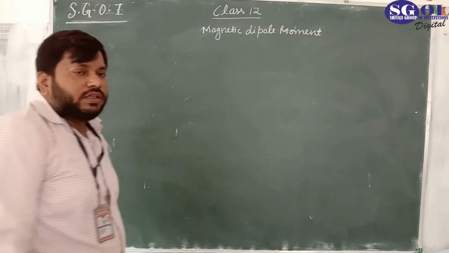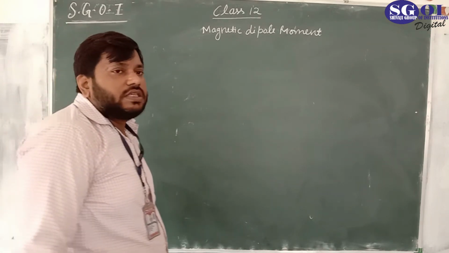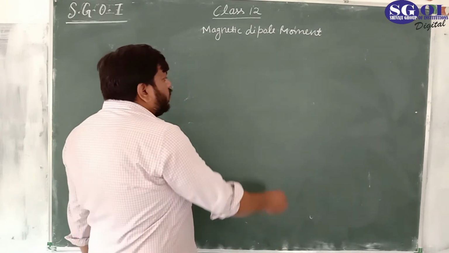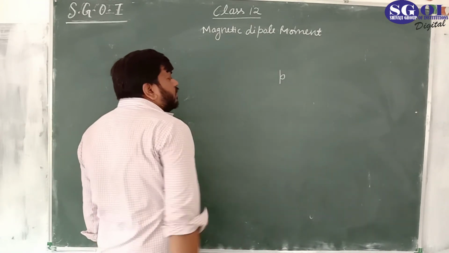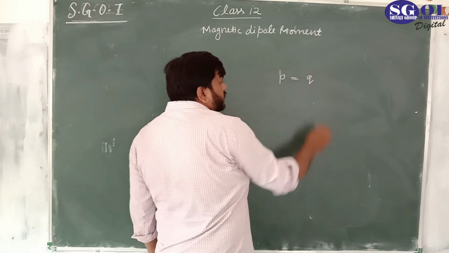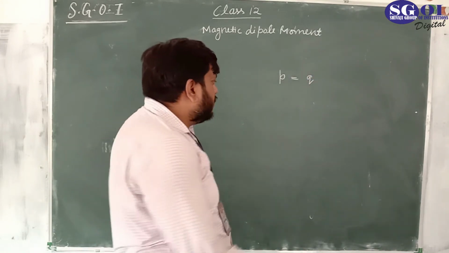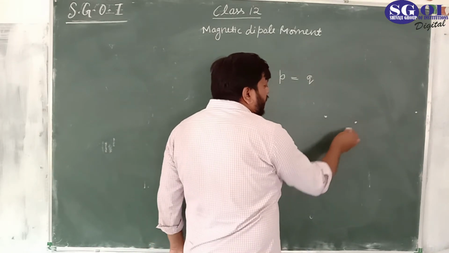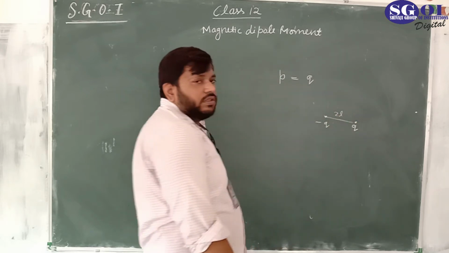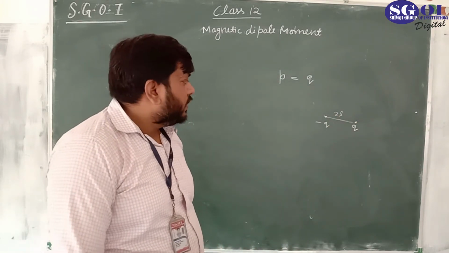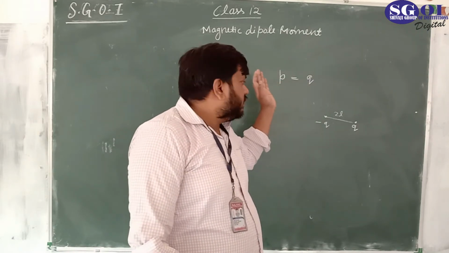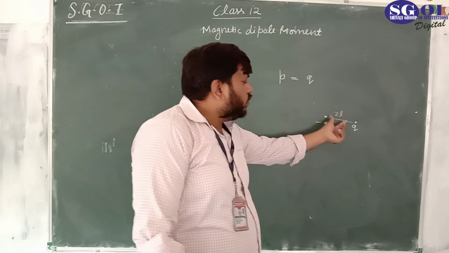Magnetic dipole moment. Just revise the electric dipole moment. What is the electric dipole moment? It is denoted by the symbol small p, and it is the product of charge and distance. An electric dipole is two equal and opposite charges separated by a small distance. Here we define small p as we have studied earlier: p is q into the distance between them.